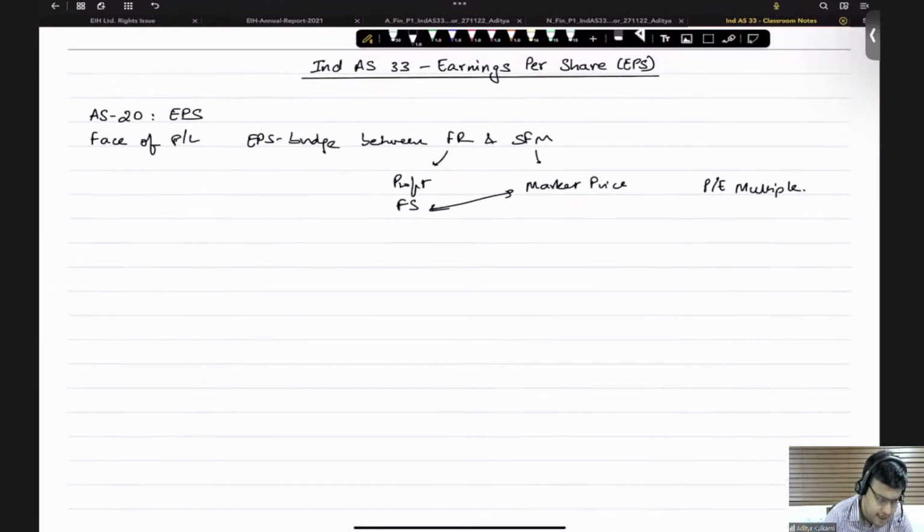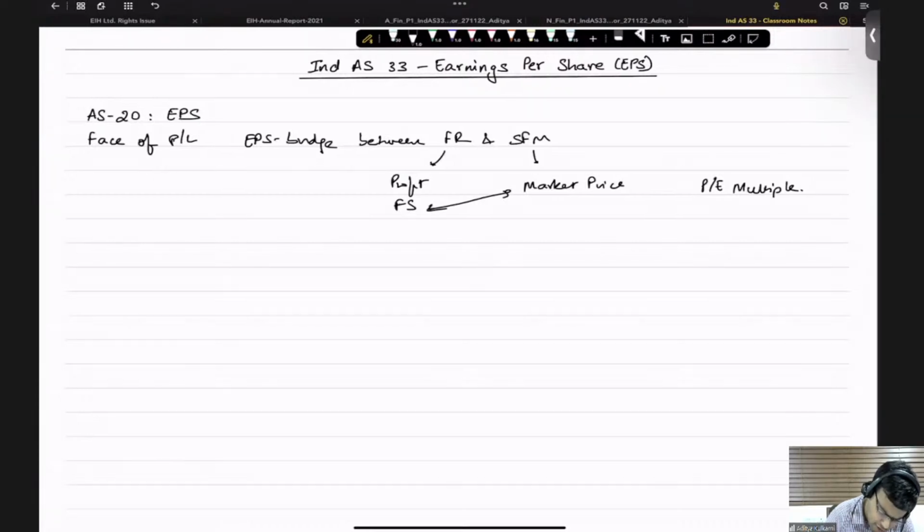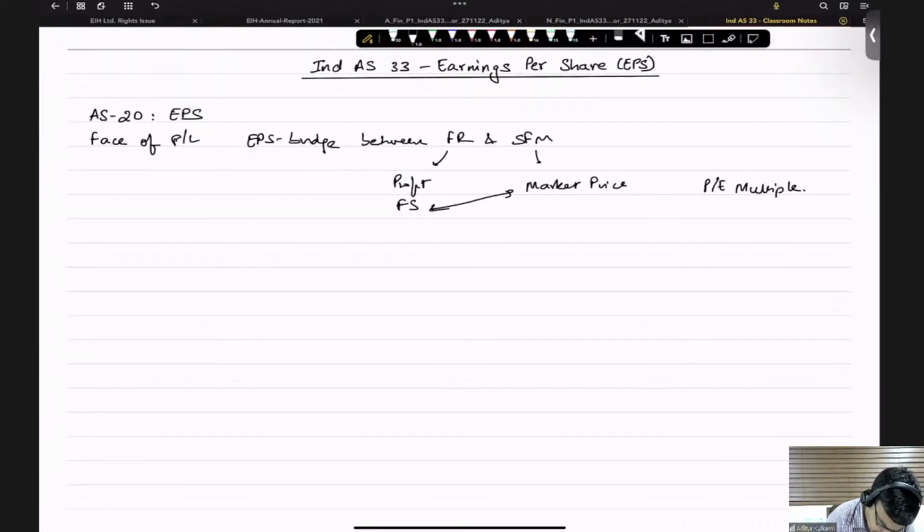All right, coming next, all of us know that there are two types of EPS. One is your basic EPS, the other is your diluted EPS. When I talk about earnings per share, suppose I have certain preference shares and certain equity shares.